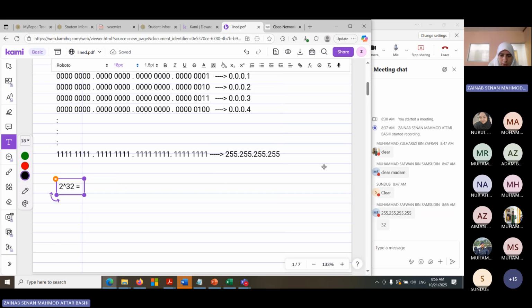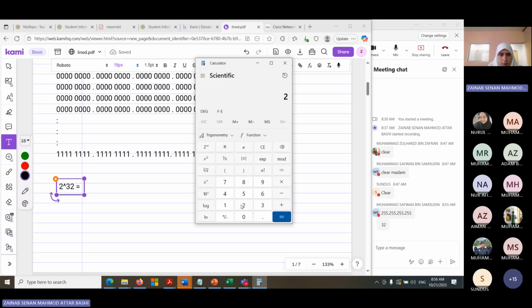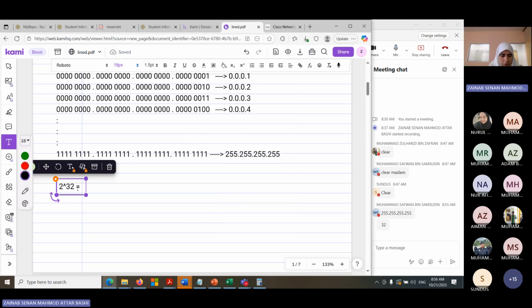If I open the calculator again, 2 to the power 32, I need to go from programmer to scientific mode. 2 to the power 32 gives us 4 billion something. So it will be around 4 billion IPv4 addresses. That's how many IP addresses we can get. We cannot get more than that.